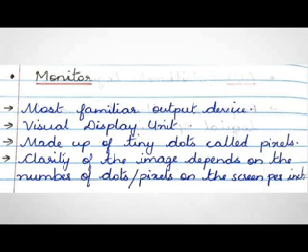The images seen on the monitor are made up of tiny dots called pixels. The clarity of the images depends on the number of dots per pixel on the screen per inch.